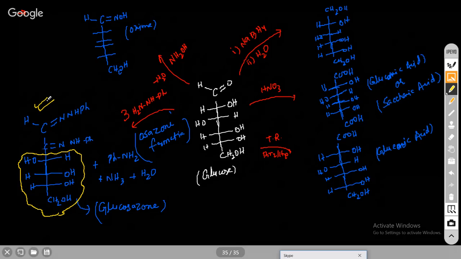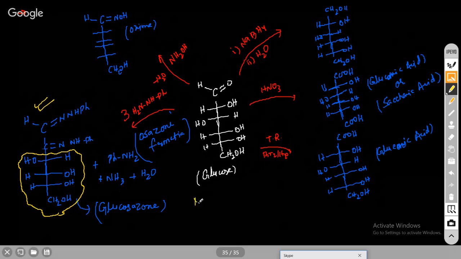Yes or no? Okay. So if you take fructose, then we call it fructosazone, and glucose gives glucosazone. But actually both are same only. Glucosazone and fructosazone both are same only. Why? Because the configuration of the last 4 carbon atoms is same in glucose and fructose. Correct?